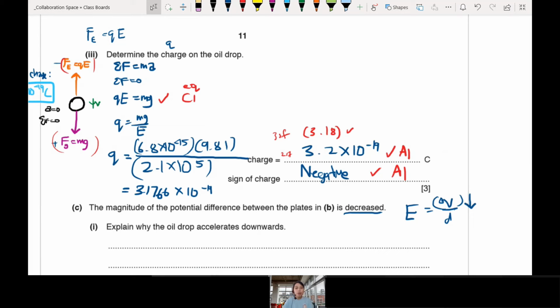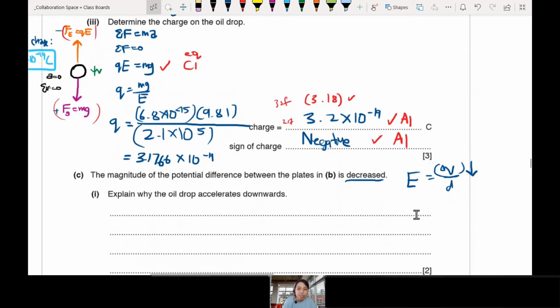Why does the oil drop accelerate downwards? Let's think through the flow of thoughts here. When the potential difference decreases, your electric field strength decreases, which also means your electric force, F equals QE. Since E decreases, force also decreases. Everything decreases, all the electric decrease. So maybe let's start with that train of thought first, because we need to explain now.